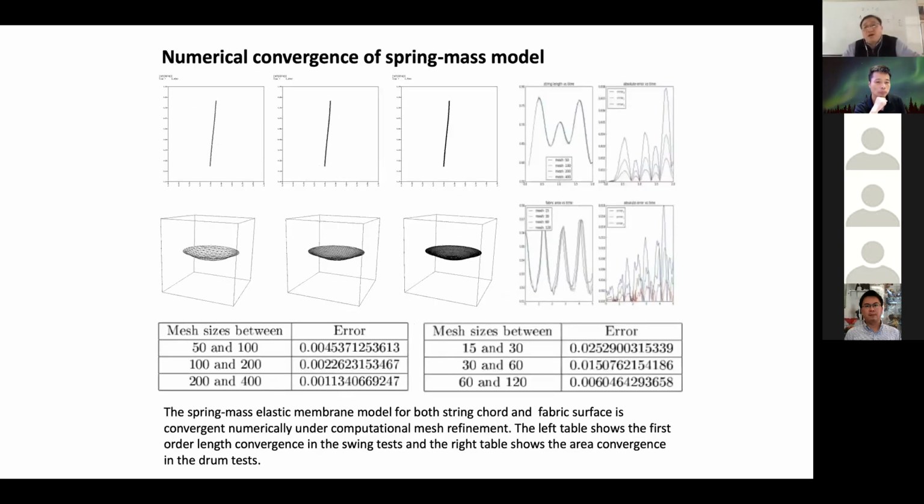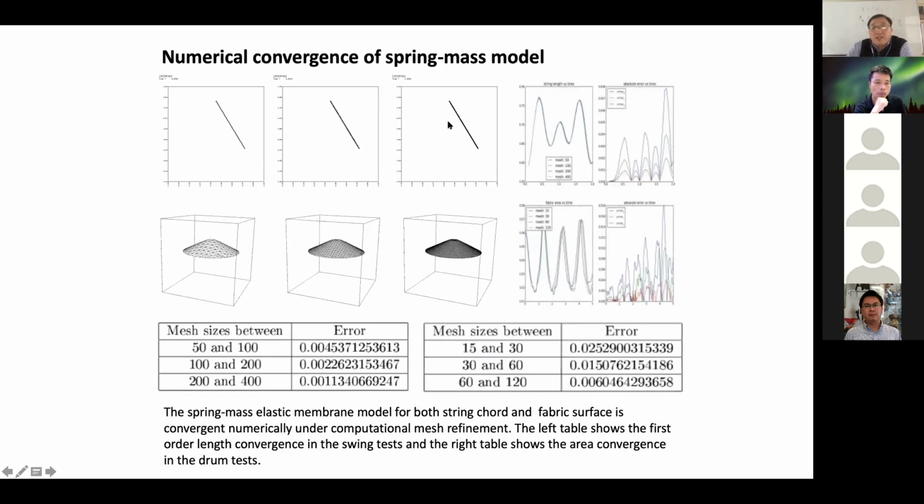We also carried out a convergence test of the spring mass model. The convergence is of first order, as you see from the plot from here to here.